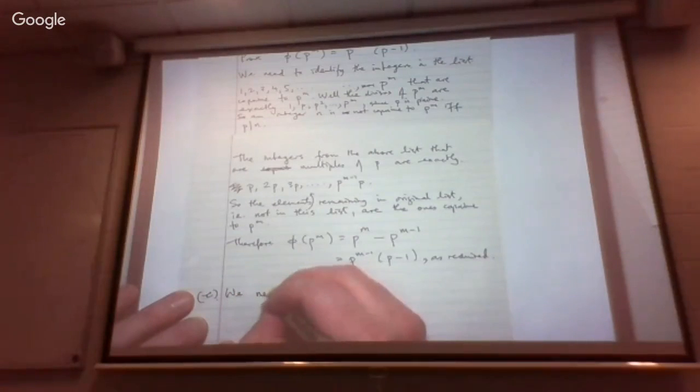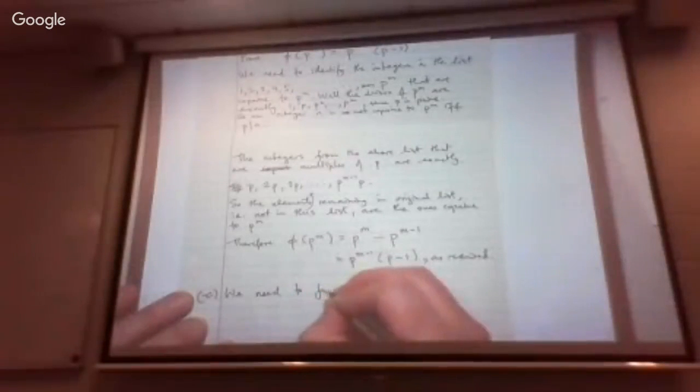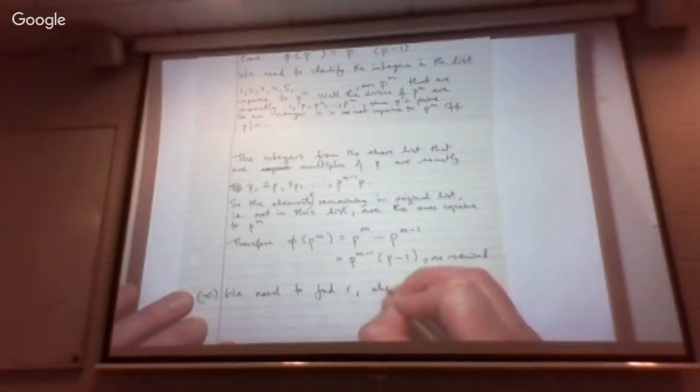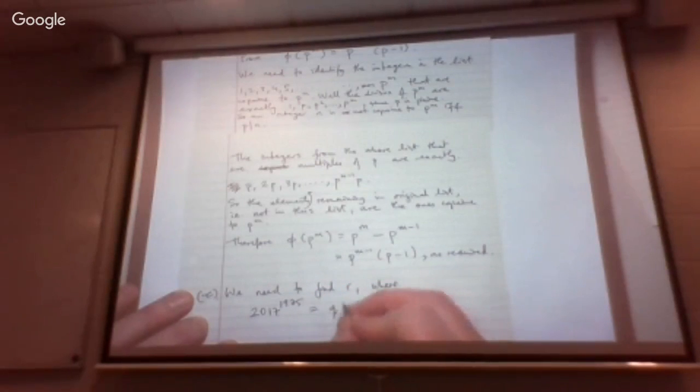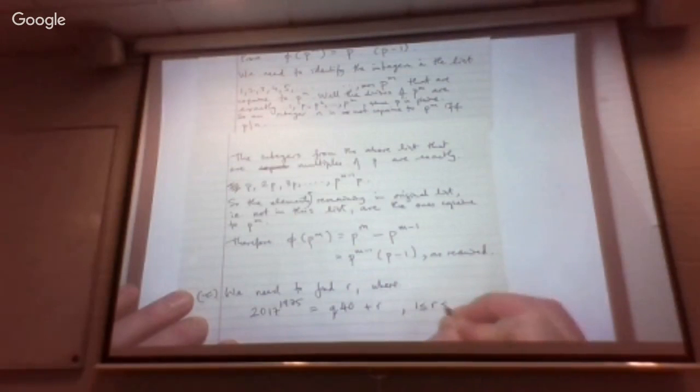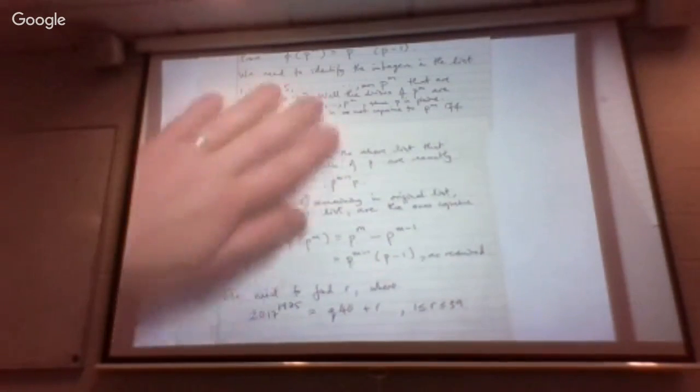So we need to find R, where 2017 to the 1975 is equal to something times 40 plus R, and R is between 0 and 39.